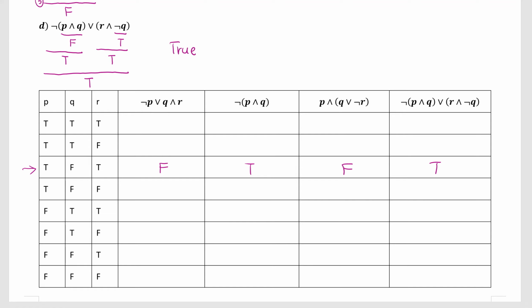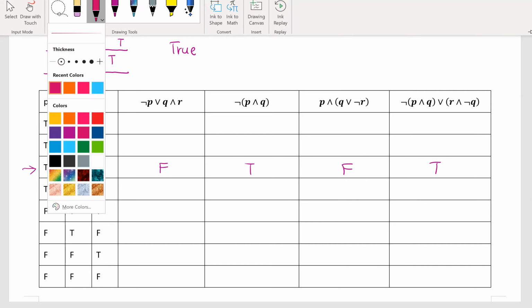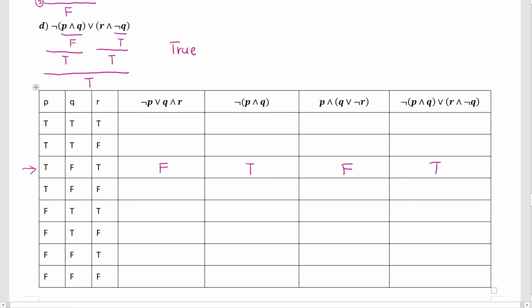Now this is in general what we do. We can draw a truth table. Remember last page, when we only have two propositions, P and Q, then there are 4 possibilities. But now we have 3 propositions, P, Q, R. For each one, we have 2 choices, true or false, right? So altogether that gives us 8 possibilities.